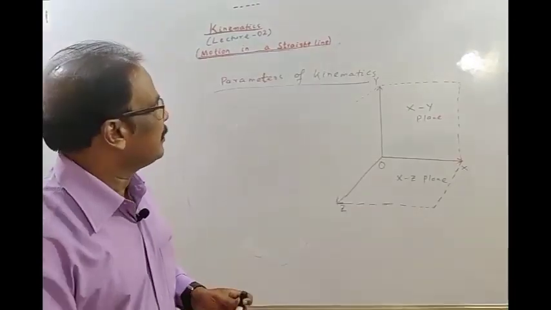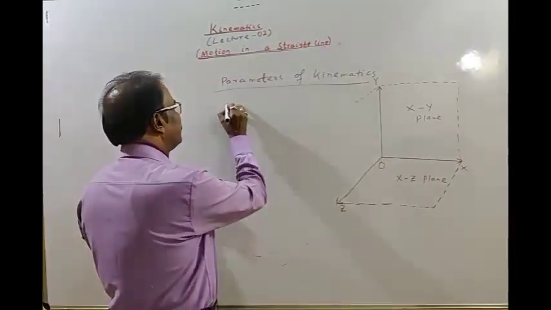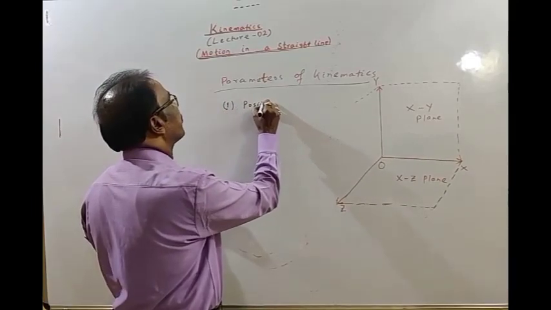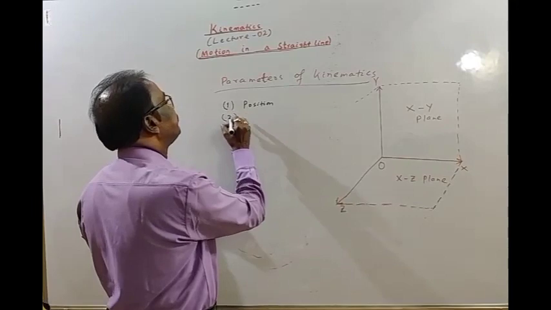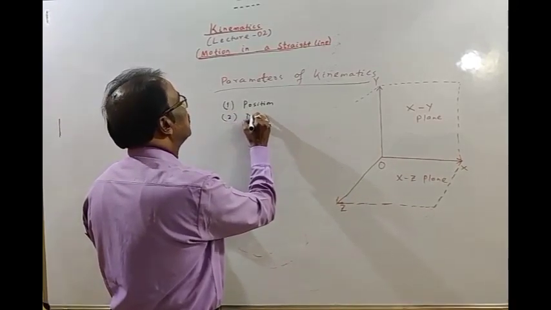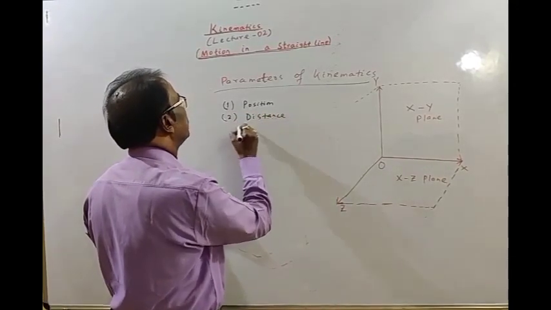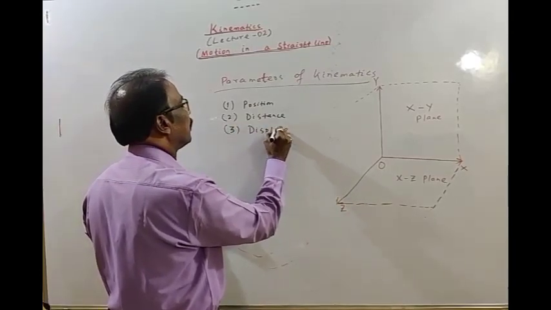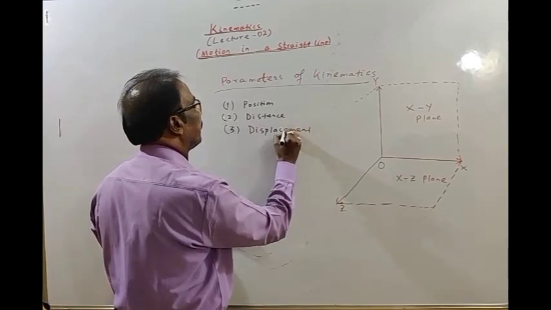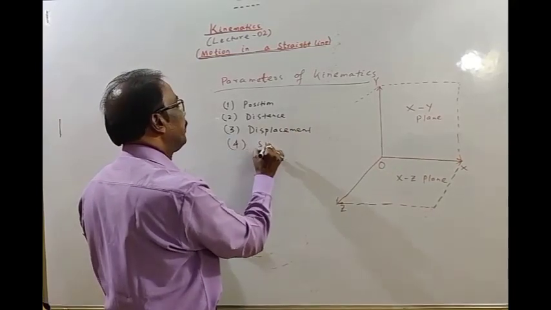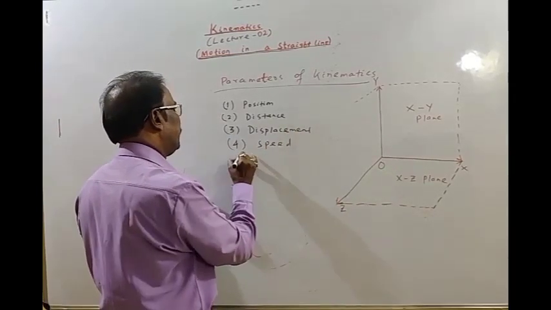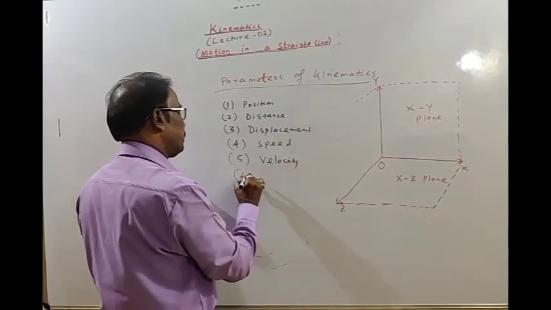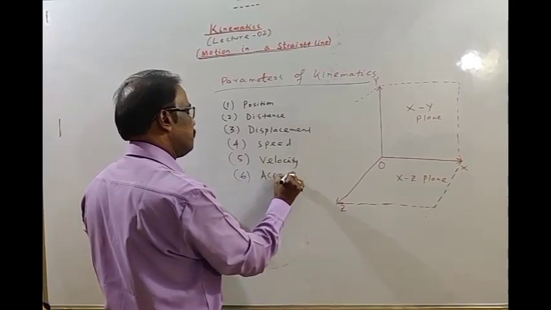Those parameters are: number 1, position. Number 2, distance. Number 3, displacement. Number 4, speed. Number 5, velocity. Number 6, acceleration.